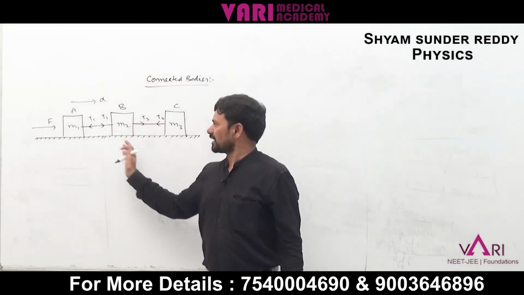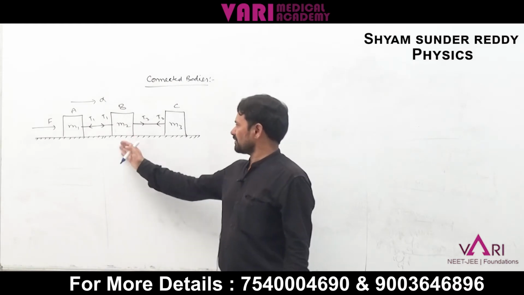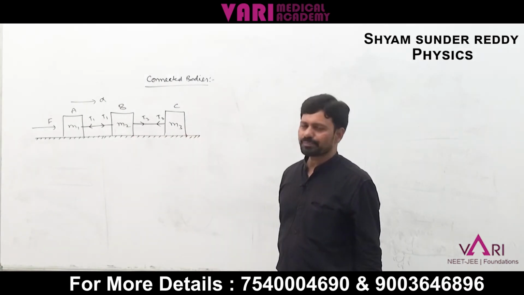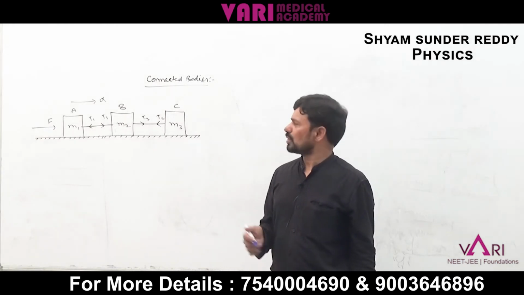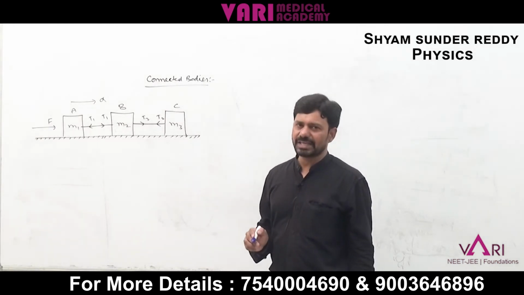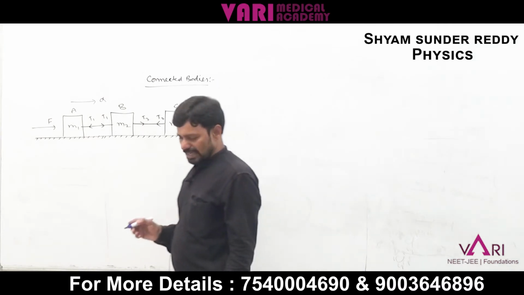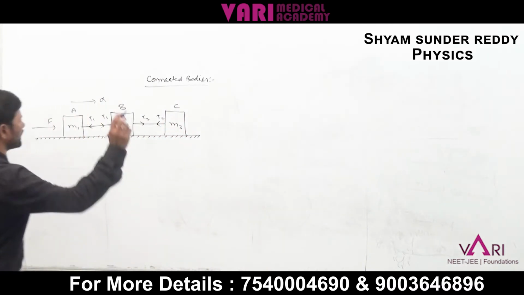Tension between M1 and M2 is T1, tension between M2 and M3 is T2. Then what is the tension T1 and T2? What is the acceleration A? We want that. Simple concept, same method.